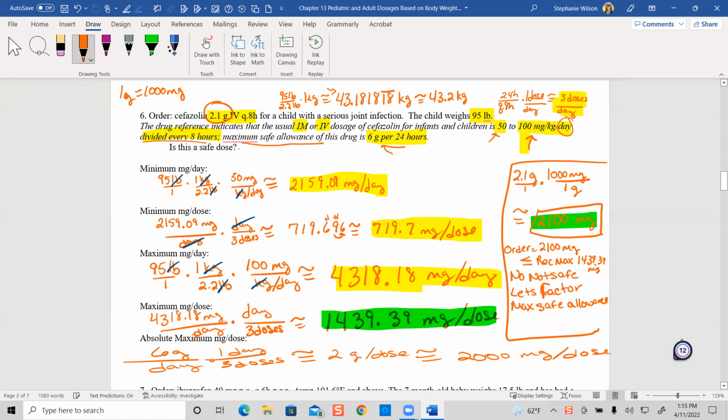Still, again, the order is greater than the maximum allowance. So this order is not safe.